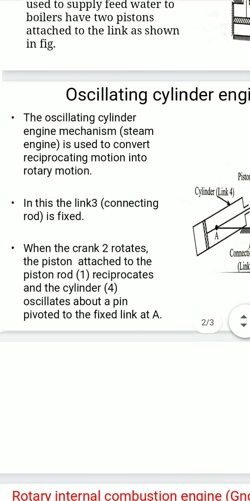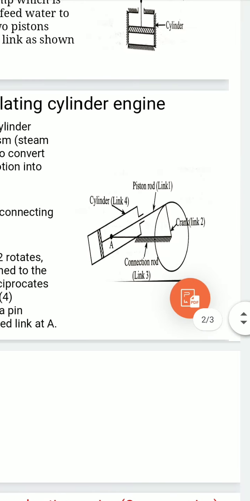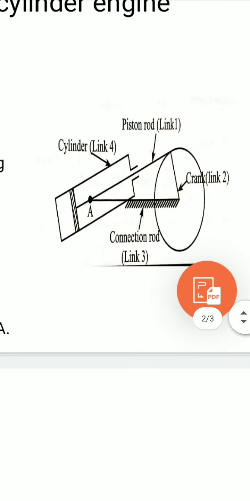In this mechanism, as you can see, the link 3 is fixed. That means the connecting rod is fixed.